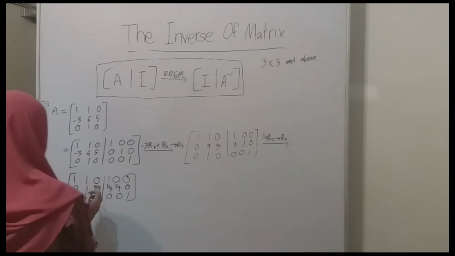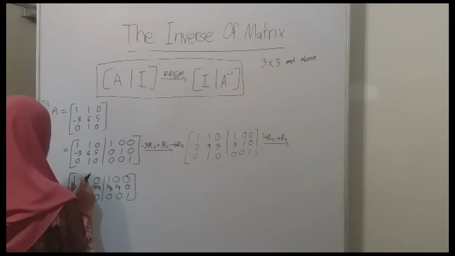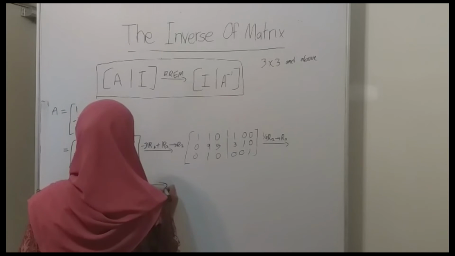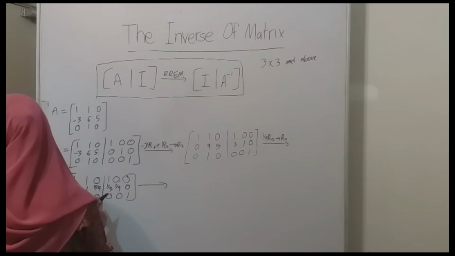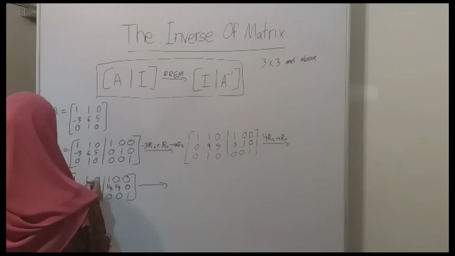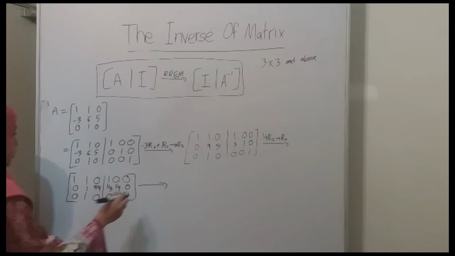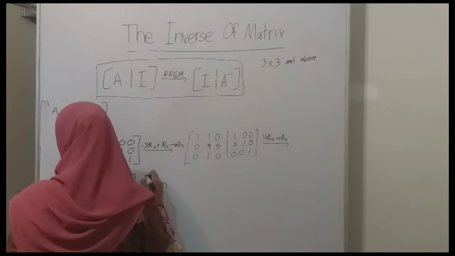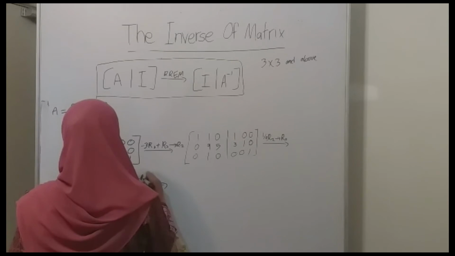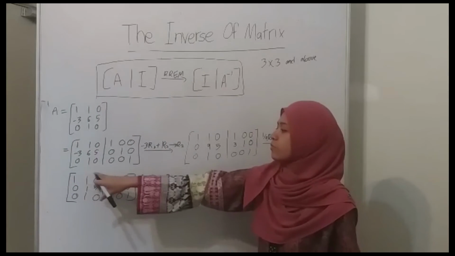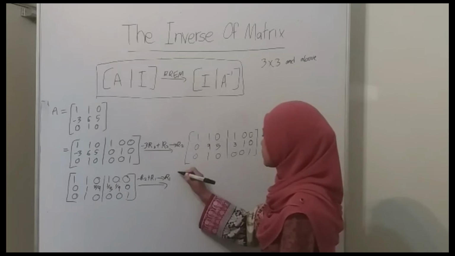And then we're going to eliminate either row 1 or row 3, doesn't matter. We just reduce row 1 first. This one we want to be a 0. So negative R2 plus R1 equal to R1. So the changes will be on row 1.